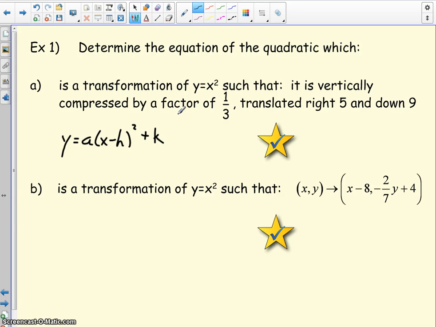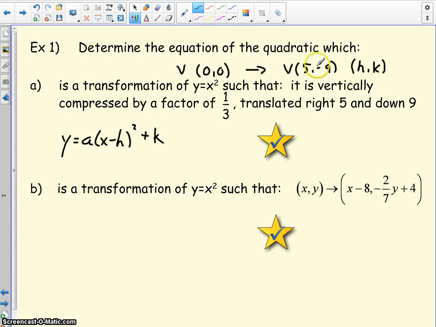Okay, now because we have been translated right 5 and down 9 from y equals x squared, remember on y equals x squared our vertex is at 0, 0. If it's been moved right 5 and down 9, that vertex has moved to the point 5, negative 9. Okay, and so that's our vertex now after the transformations, and we know that's going to be the h and k value inside the equation.